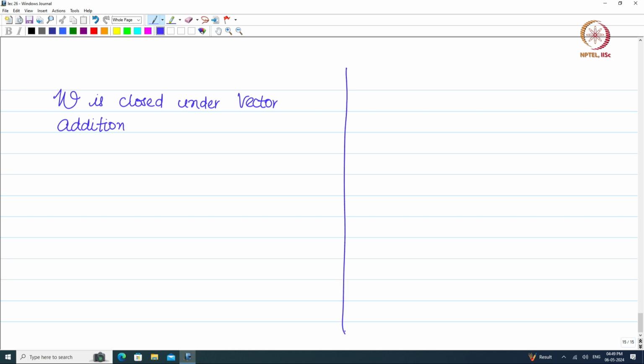W is closed under vector addition. Now, scalar multiplication. What do we mean by scalar multiplication?